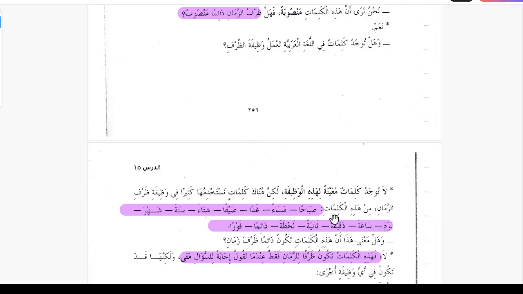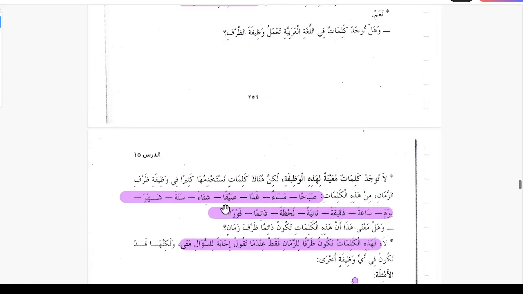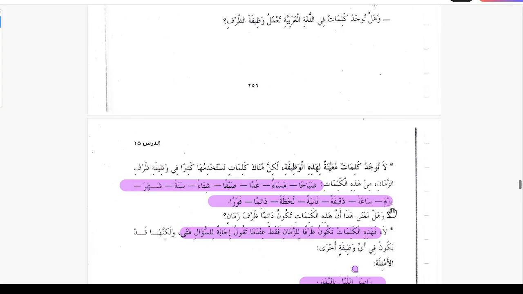And among these words are sabahan, masa'an, gadan: morning, evening, tomorrow; saifan, summer; shitaan, winter; sanatan, year; shahran, month; yawman, day; sa'atan, hour; daqiqatan, minute; thaniyatan, second; lahzatan, moment; daiman, always; fawran, immediately. So these are some of the words that are used a lot to specify the adverb of time.